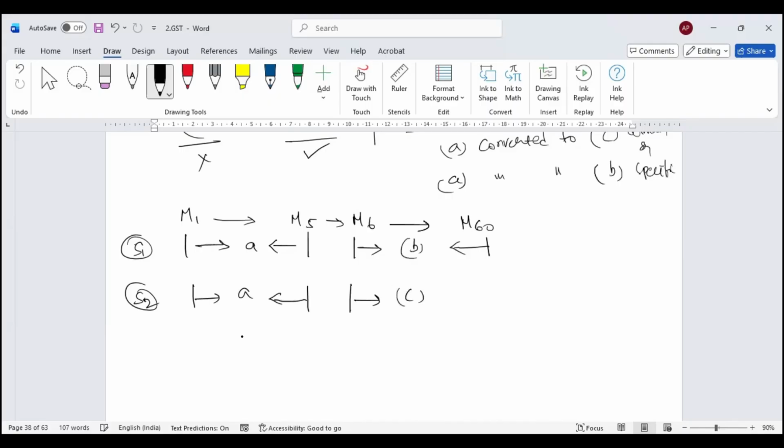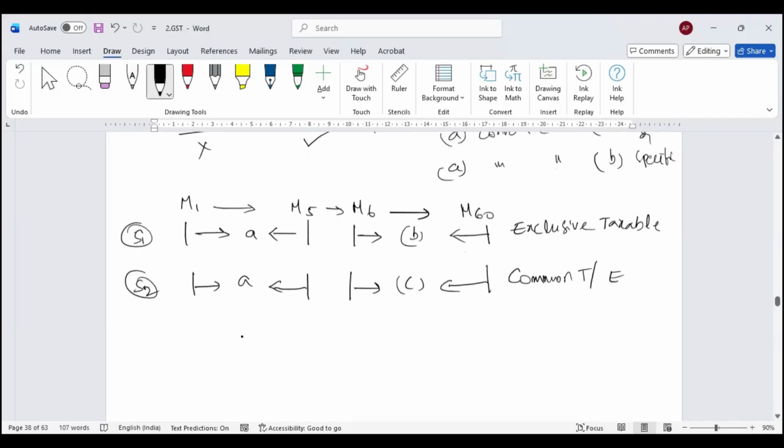I may use it for category C. This is exclusive taxable. This is common for taxable and exempted. In scenario 2, I use it for taxable, I use it for exempted. In scenario 1, I use it exclusively for taxable.